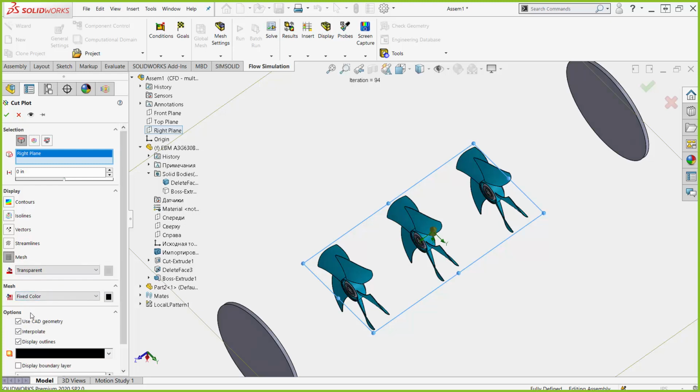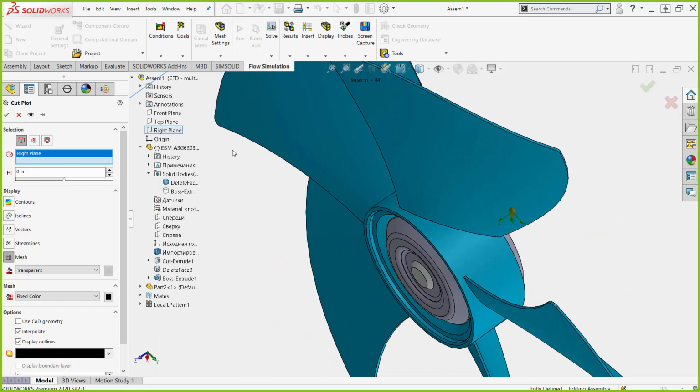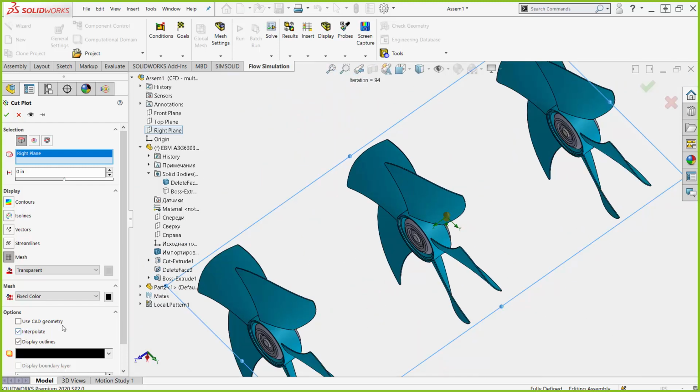I go to options and I uncheck use CAD geometry. Okay. CAD geometry will perfectly trace the fan blades, perfectly trace my geometry the way it looks exactly right now. By unchecking use CAD geometry, I see what the solver actually sees. So it's imperative that I uncheck this and make sure my fan blades got captured appropriately.